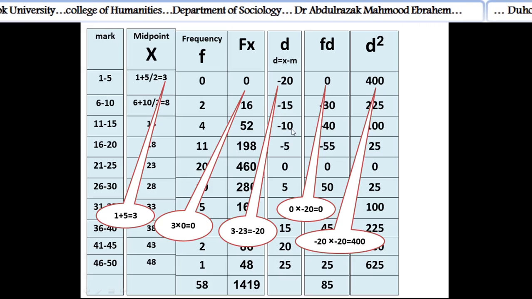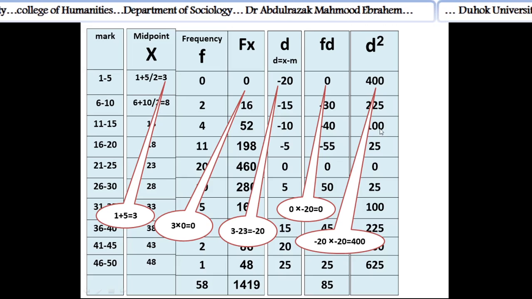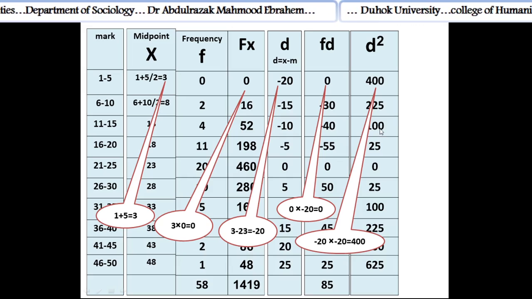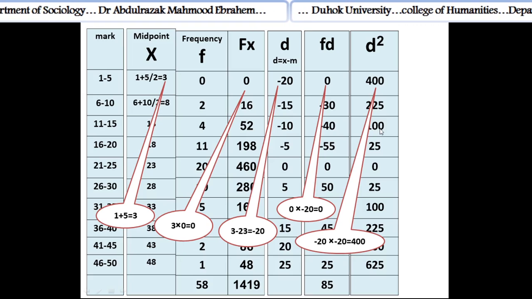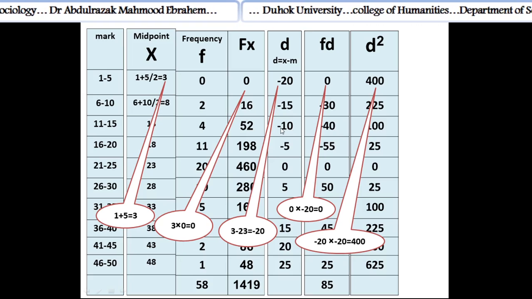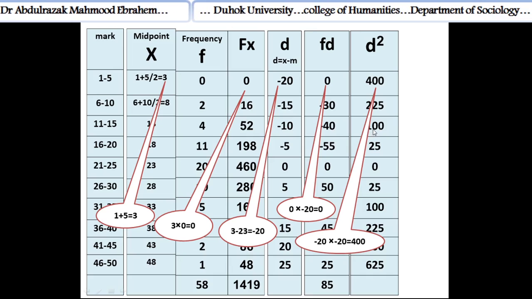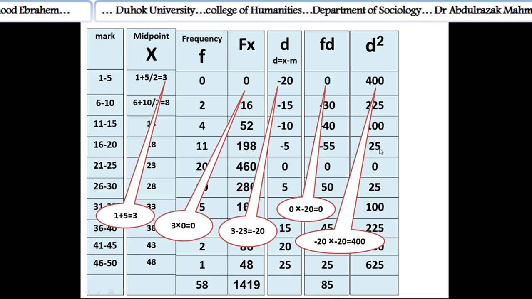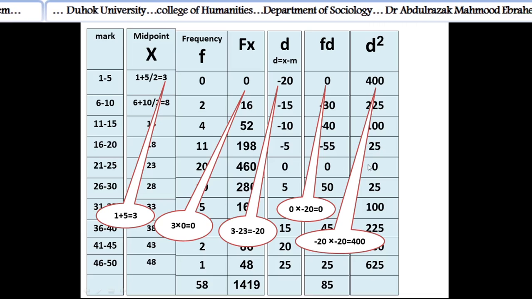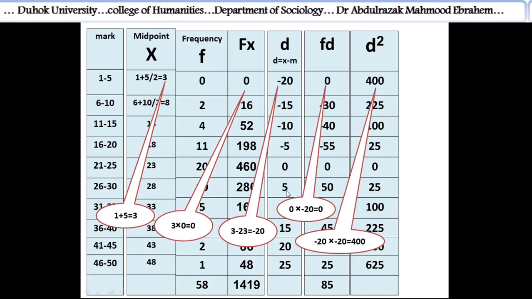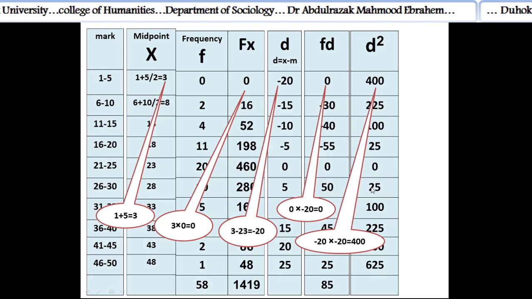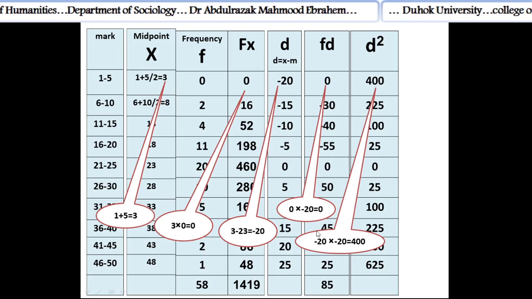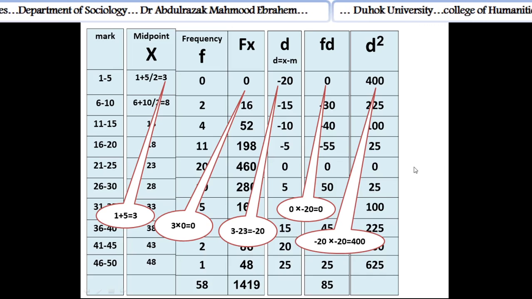Minus 10 multiplied by minus 10 equals 100. Minus 5 multiplied by minus 5 equals 25. 0 also 0. 5 multiplied by 5 equals 25. 10 multiplied by 10 equals 100, and so on.